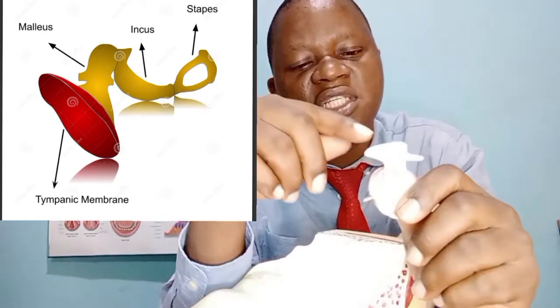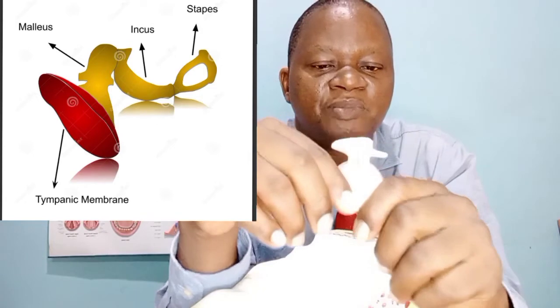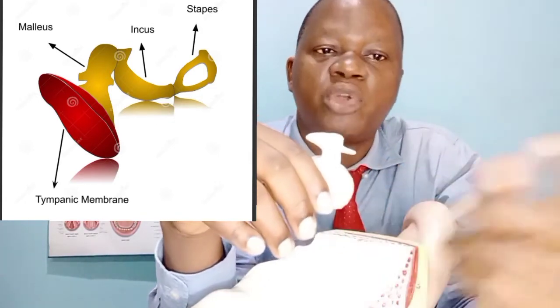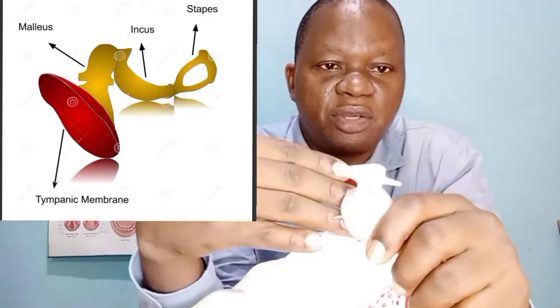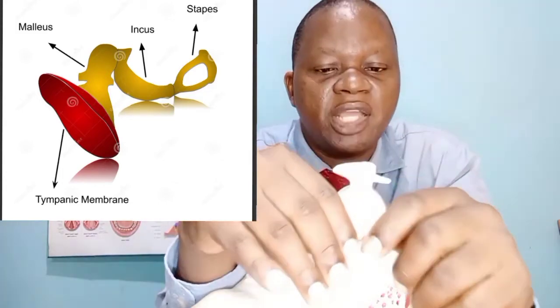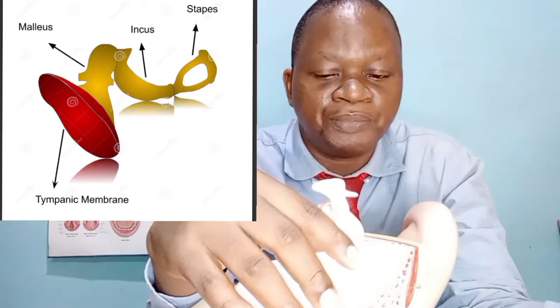Okay, so the major function of these ossicles is to transmit sound waves that are received from the tympanic membrane into the inner ear. By way of connection, you have the malleus connected to the incus connected to the stapes, and then the sound waves move just in that order to the inner ear.